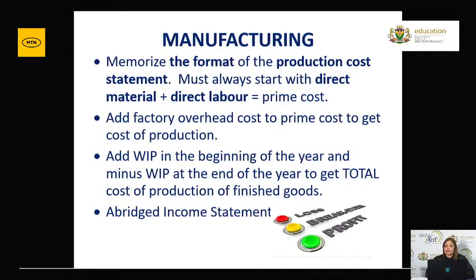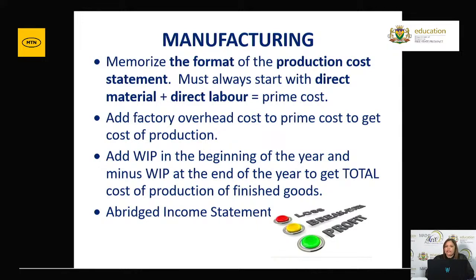You must always start with direct material plus direct labor, and the 2 will give you prime cost. Add factory overhead cost to prime cost to get cost of production. Remember, with your factory overhead cost, only factory cost must be taken into account here. Things like bad debts, things like telephone.